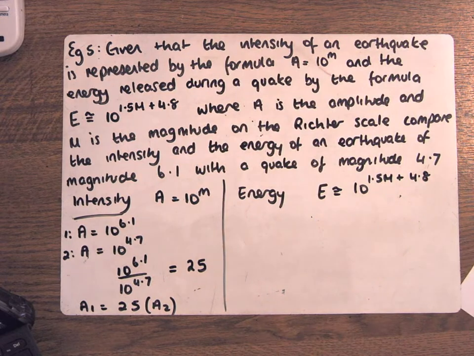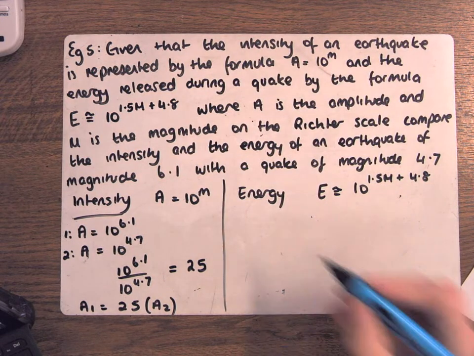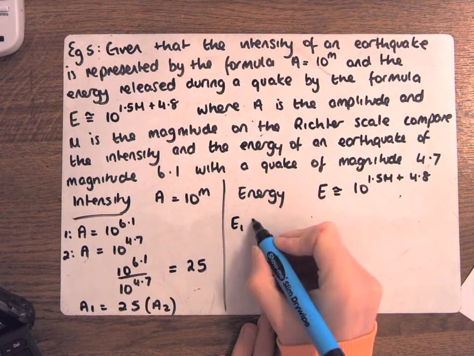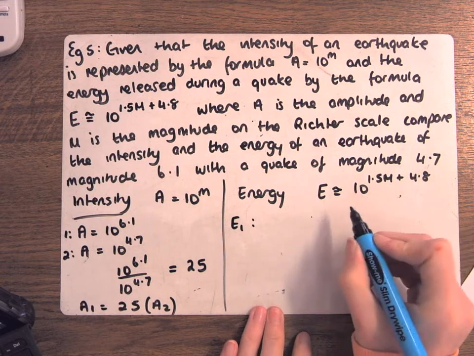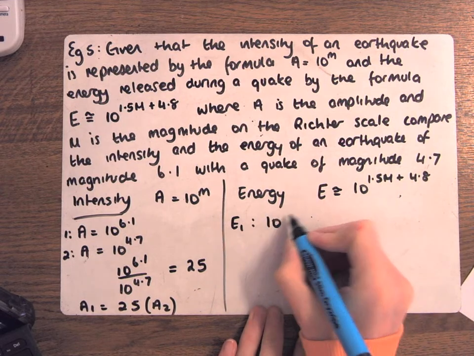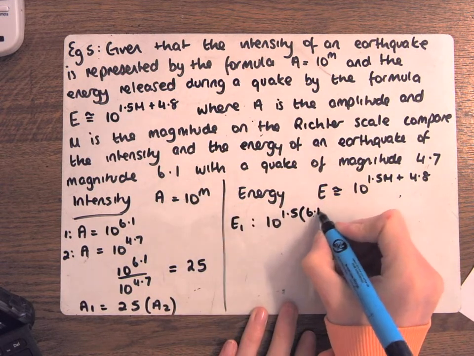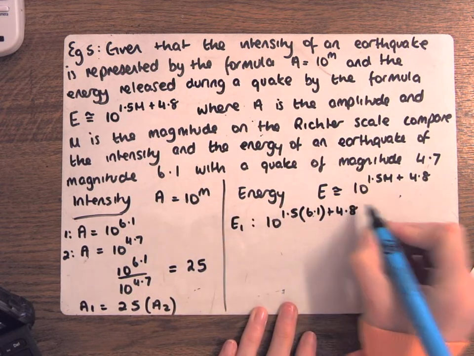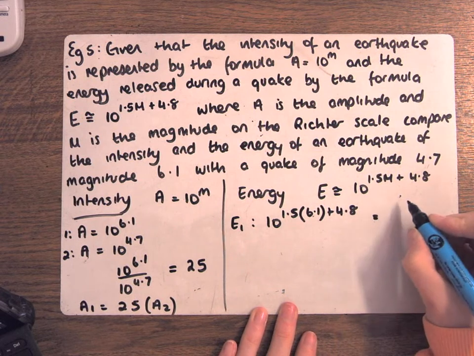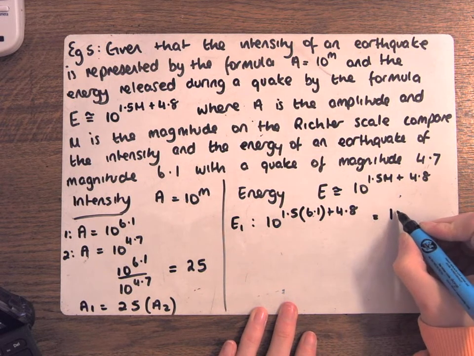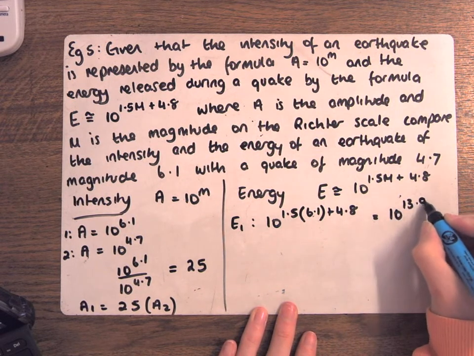So it's the same thing again. We can get our E1, which is going to be 10 to the power of 1.5 by the magnitude of the first, which is 6.1, plus 4.8. And just throw that into your calculator.